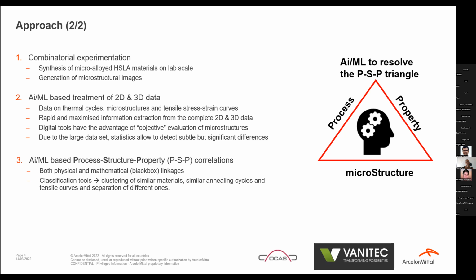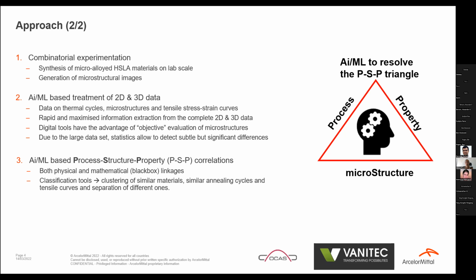With this large data set and the way we are handling it, we want to see which correlations can be made to link the process, the structure, and the property of these specific materials, to then see if we can obtain those higher strength levels.